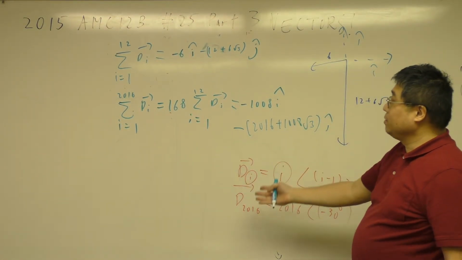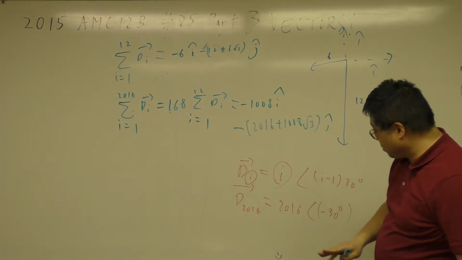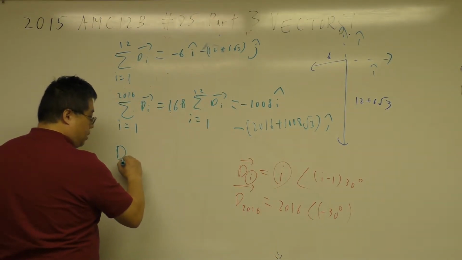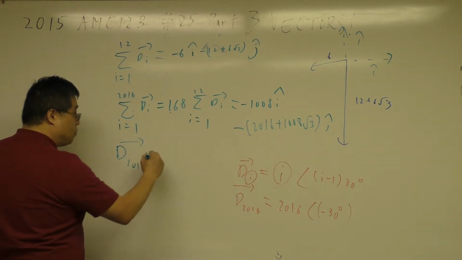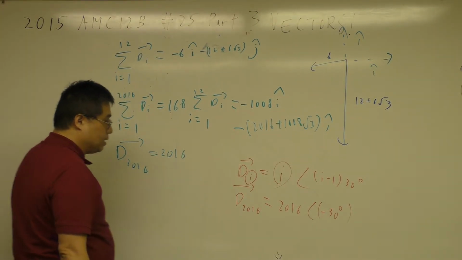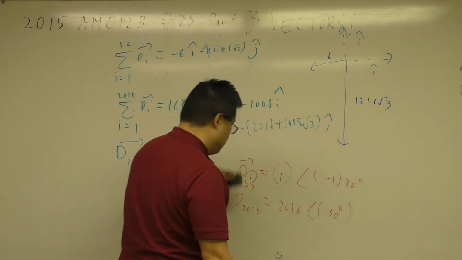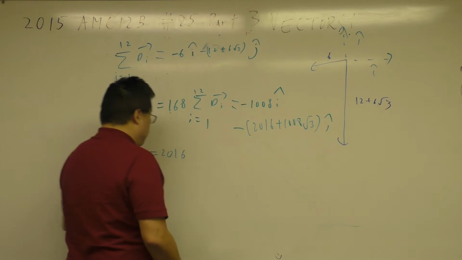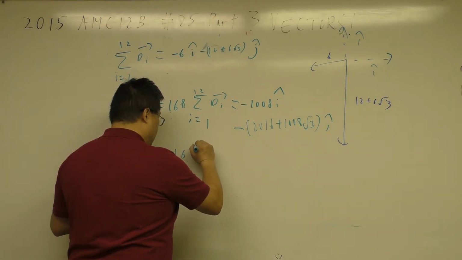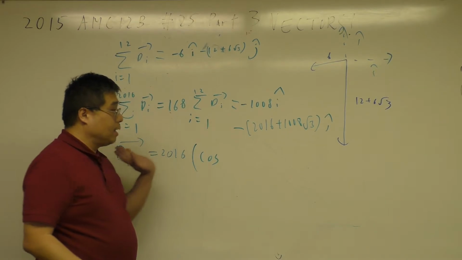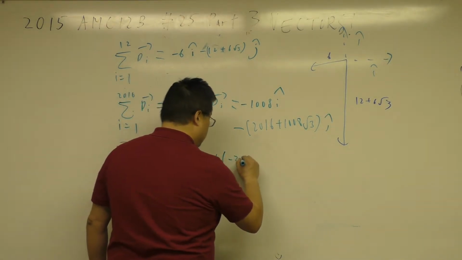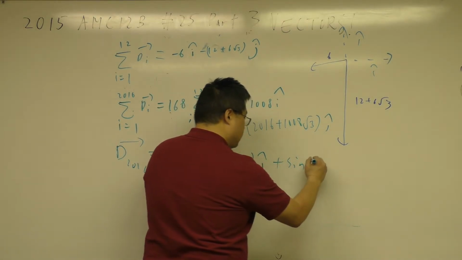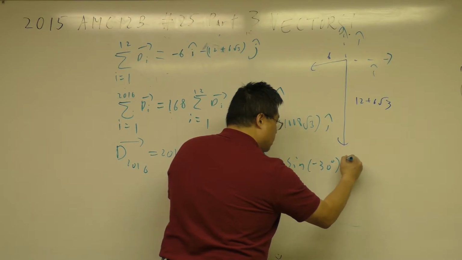We need to add 2015, not 2016, so I have to subtract. Here it is. So we can rewrite d2016 in a more formal way as, okay, sadly I had to erase it, but remember the minus 30 degrees. This guy times cosine, i is horizontal, so cosine negative 30 degrees i plus sine negative 30 degrees j.